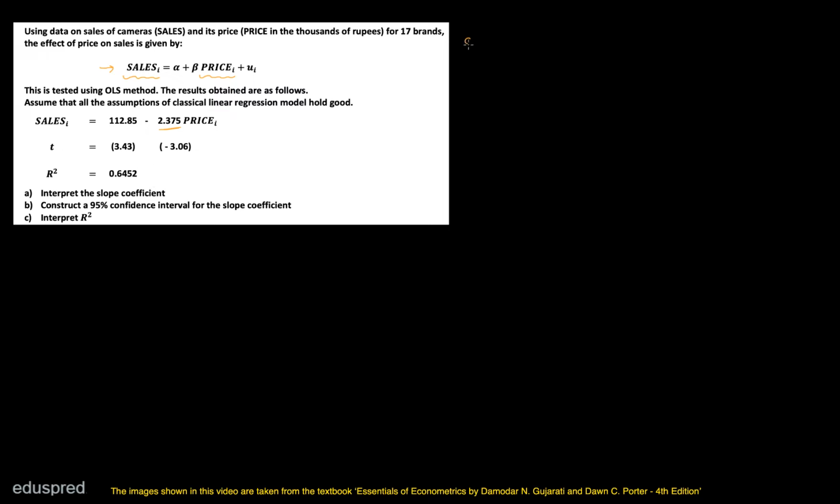So in this case, the slope coefficient of minus 2.375, note that there is a negative sign over here, so don't miss that.